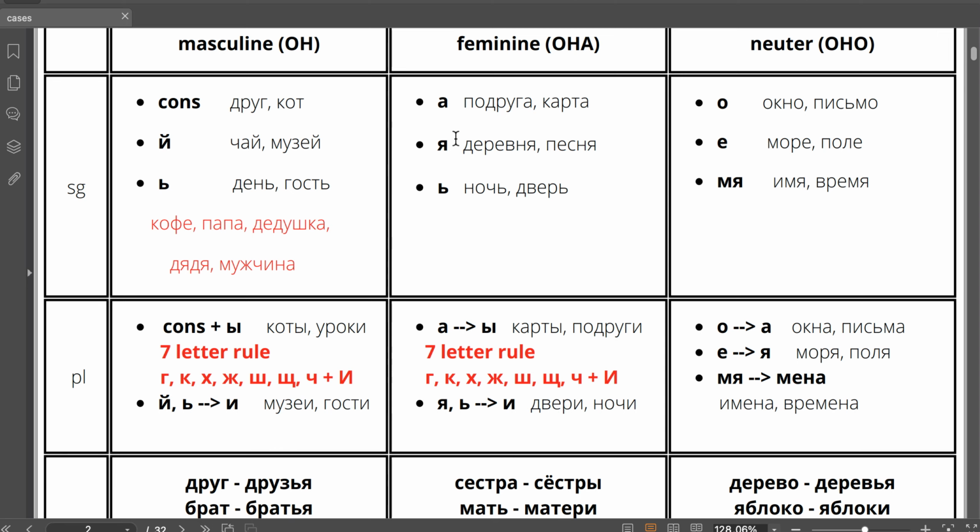Ya can be either feminine singular or plural neuter. That's why it's so important to know vocabulary, to know many words, and of course you can guess. But don't be afraid of making mistakes. It's totally fine, but it's good to keep in mind that if you have ya endings, it can be both feminine singular or neuter plural.